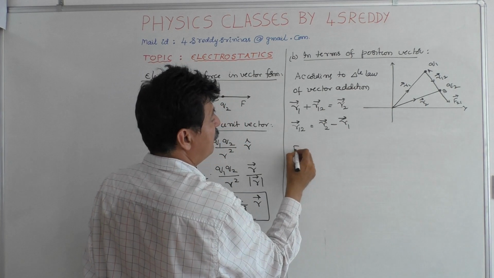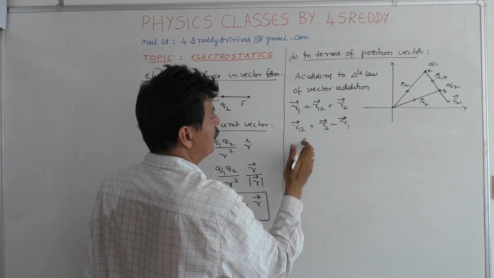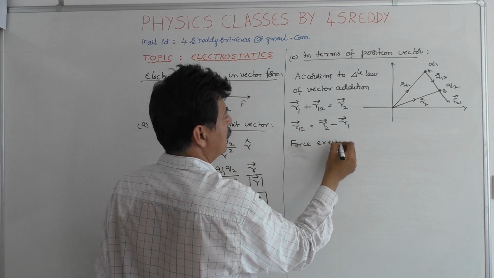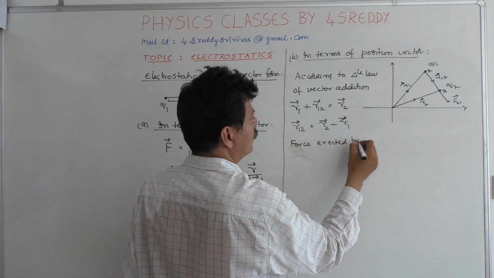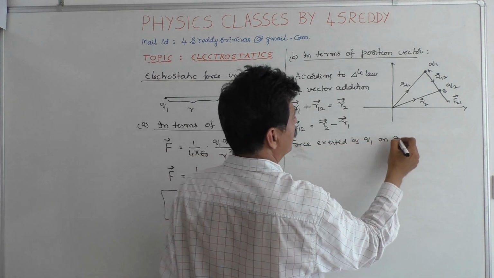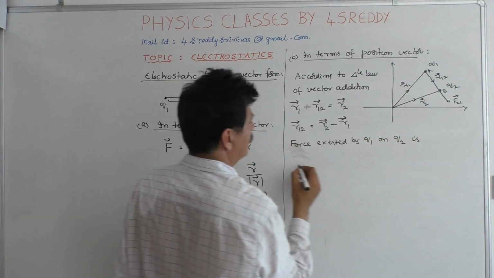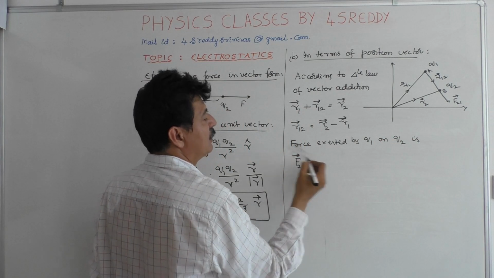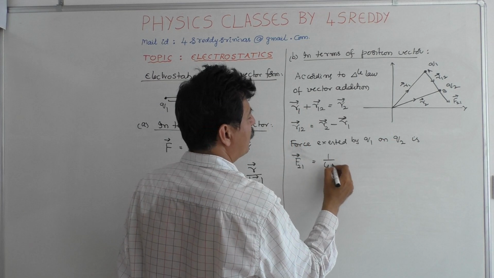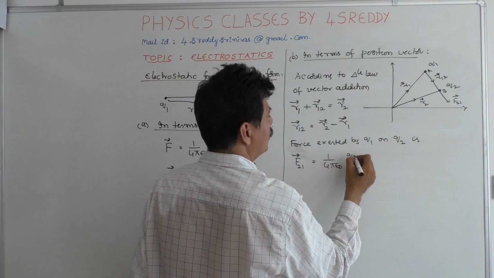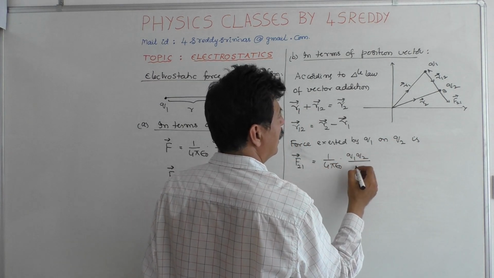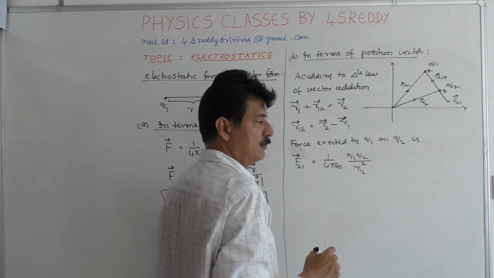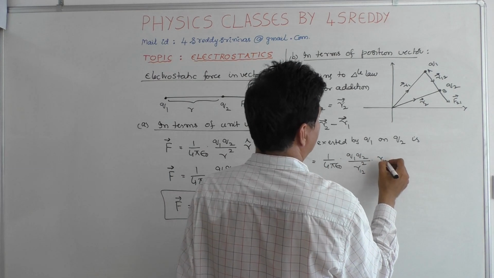Therefore F21 bar, the force exerted by Q1 on Q2, is given by 1 by 4 pi epsilon naught Q1 Q2 by R12 square into R12 cap.